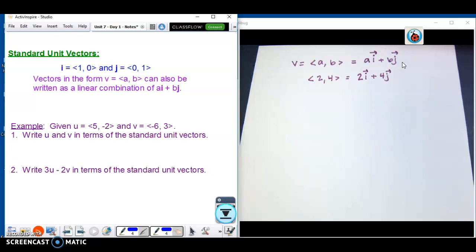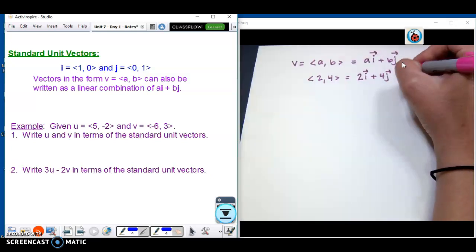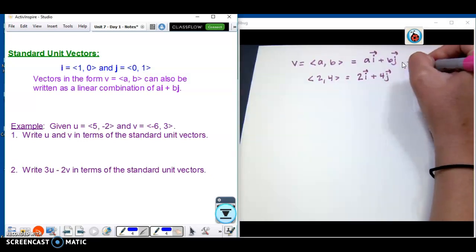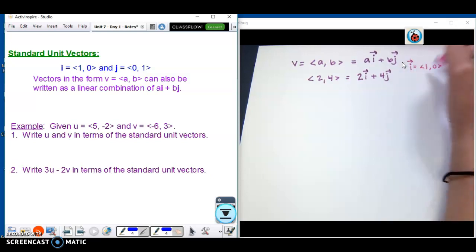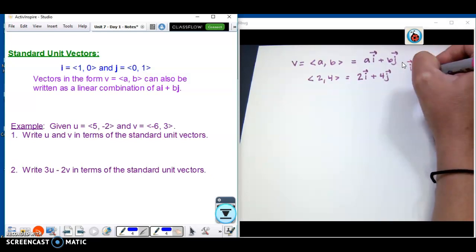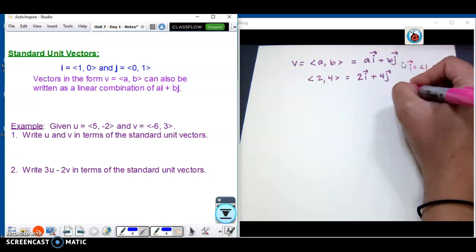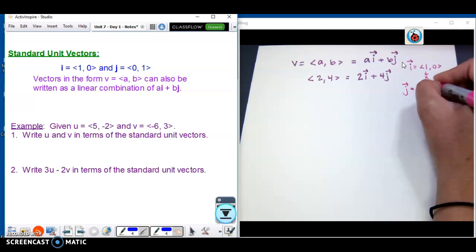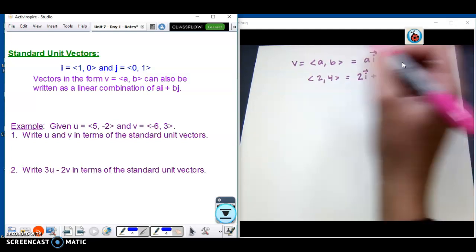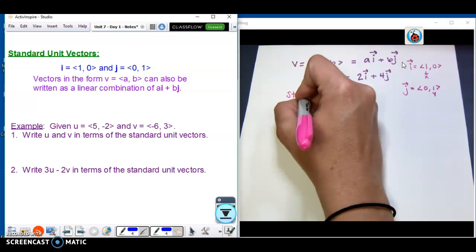The reason behind this is because i represents the vector 1, 0. So this represents only the x part because the y part is 0. And the vector j represents 0, 1, so it represents only the y part because the x part is 0. Okay, these are called standard unit vectors.